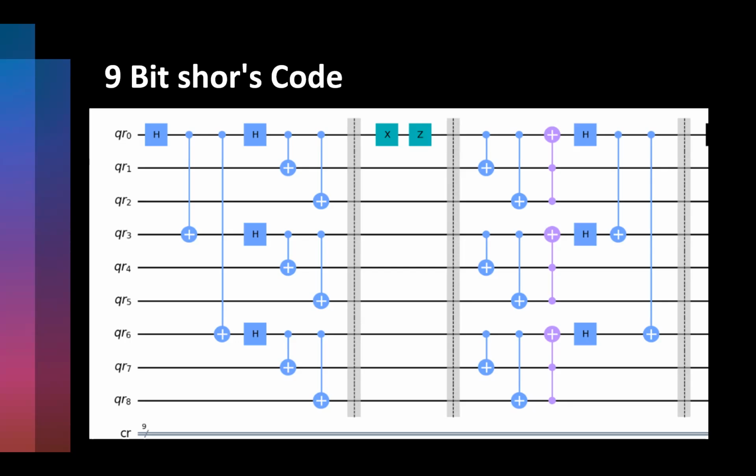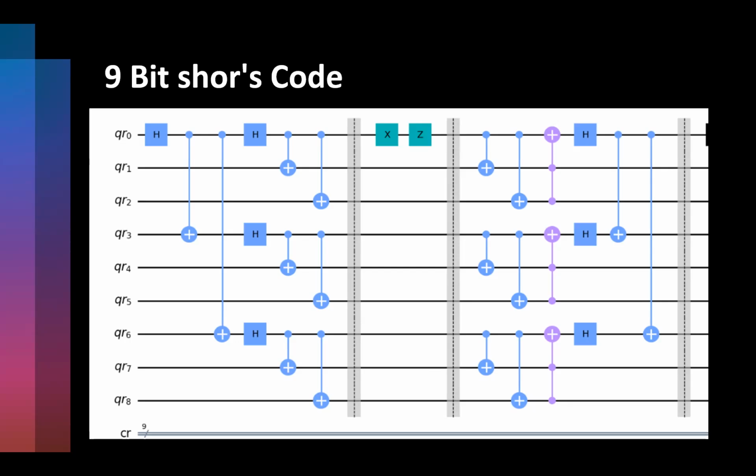Now we will introduce bit flip. We encode it in the bit flip error correction technique. So we encoded the 0th qubit by applying CNOT on 0 and 1 and applying CNOT on 0 and 2.